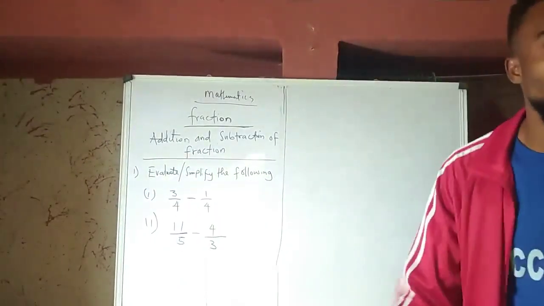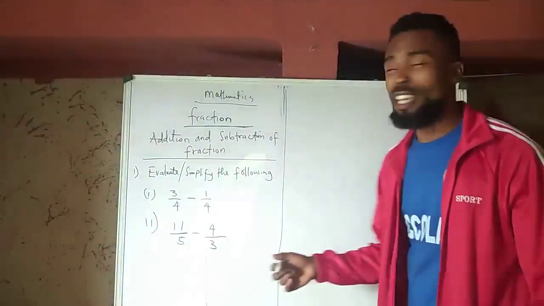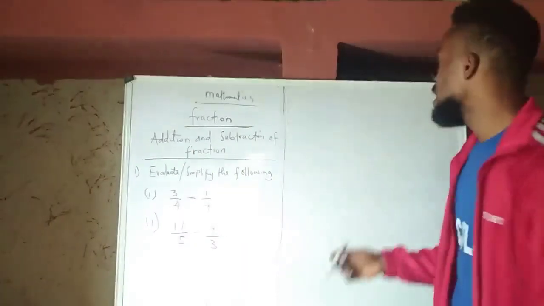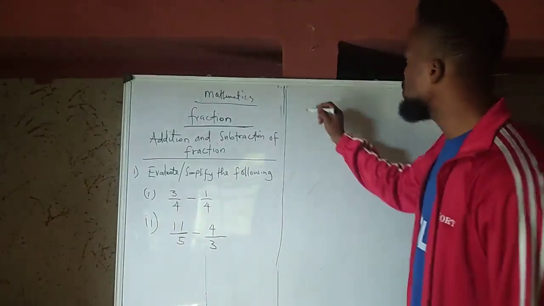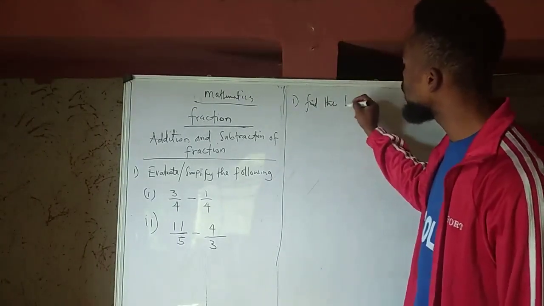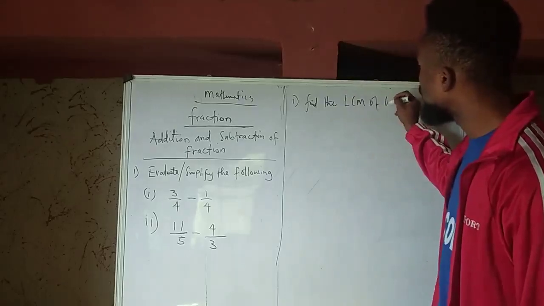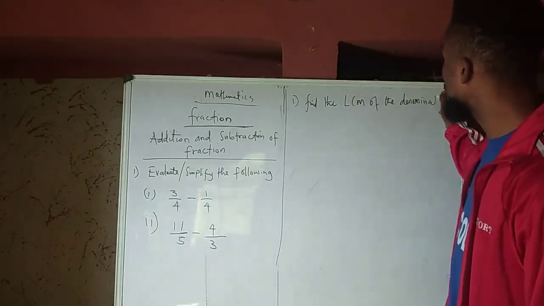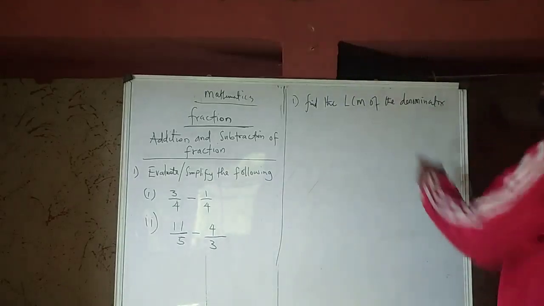Of course, the steps are not different. It's just the same, just to do subtraction instead of addition. So the first step is to still find the LCM of the denominators. I want to believe that you've not forgotten the meaning of LCM.